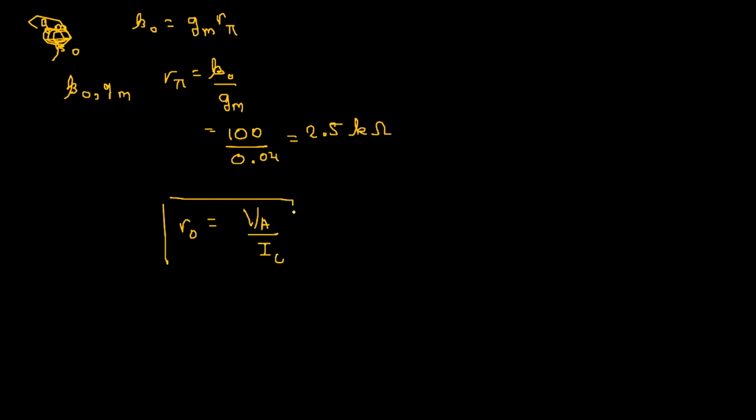I think this is a new formula, so this wasn't used in any concept while explaining the actual models. But yes, this is handy in questions. So this is another formula which has to be remembered. We have RO. We know VA is 100. We know IC is 1 into 10 to the power minus 3. So we have 100 kilo ohms again.